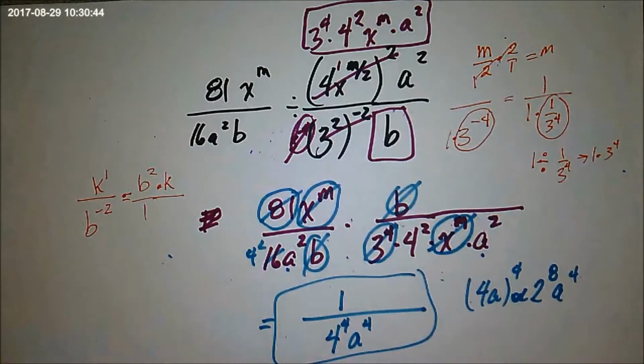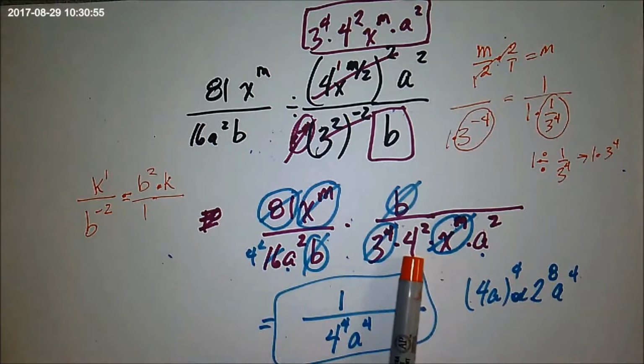How did you get 16? Where did I get this 16? 4 squared is 16. And the reason I did that is because I have a 4 squared there, and I need to simplify this, which means I can only have one of each base. 16 and 4 are actually both bases of 2. But since there's not another 2, I just left it as 4. You have to have the same base, because you're simplifying. With exponents, you don't want to have a whole bunch of different bases.